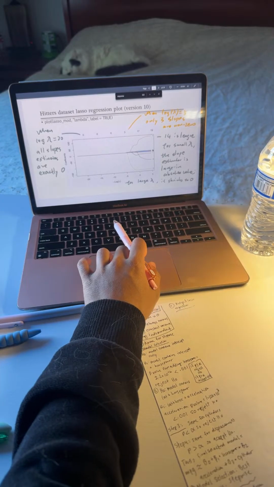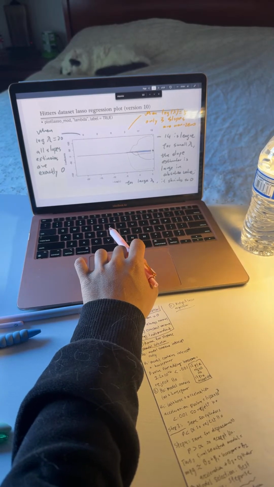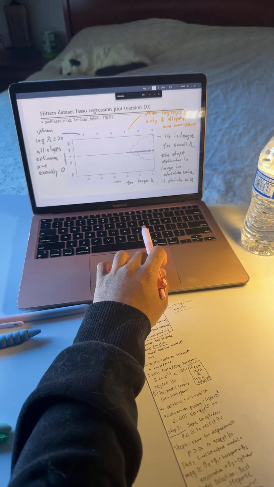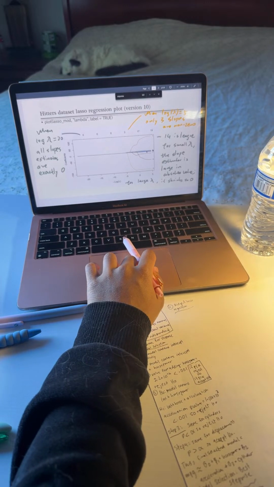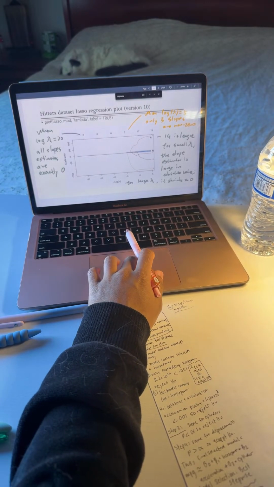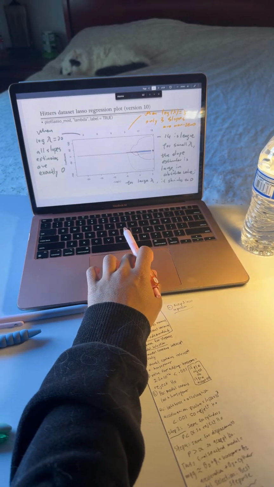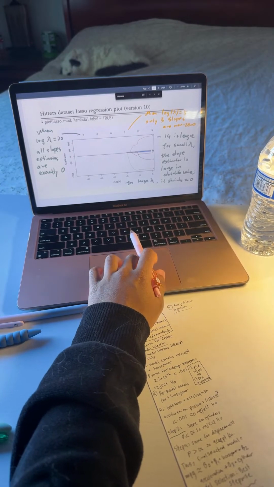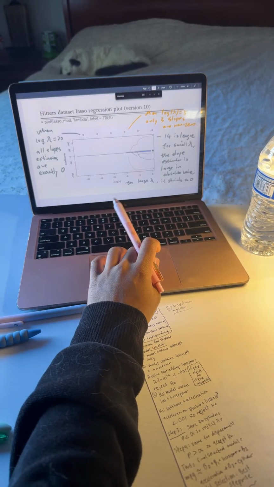The slope estimate is large in absolute value. For large lambda, it shrinks to 0. Ah, so these slopes have a large lambda. This slope has a small lambda. That's why it goes larger. Okay, that makes sense.